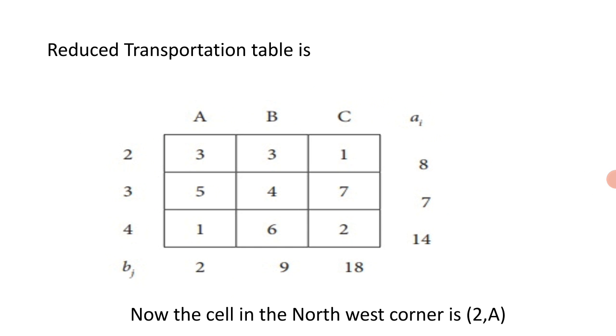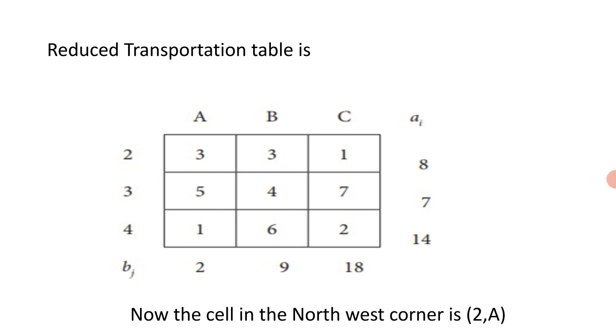Now the reduced transportation table is shown here. In this reduced transportation table, the northwest corner is 2A. Now allocate as much as possible in the first cell so that either the capacity of the second row is exhausted or the destination requirement of the first column is exhausted.